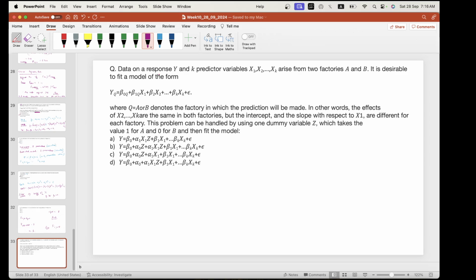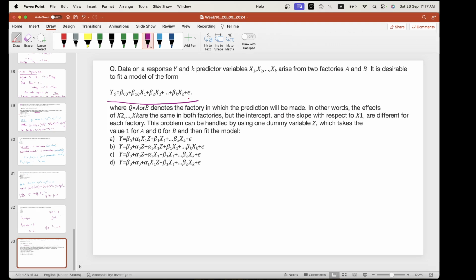So here they are saying that data on a response y and k predictor variables x1 to xk arise from two factories A and B. It is desirable to fit a model of this form, where Q denotes the factory in which the prediction will be made.